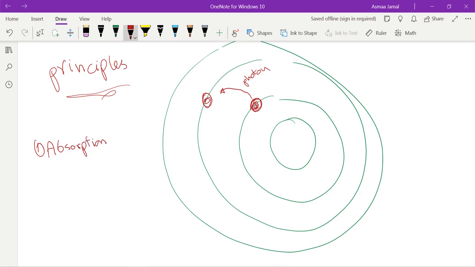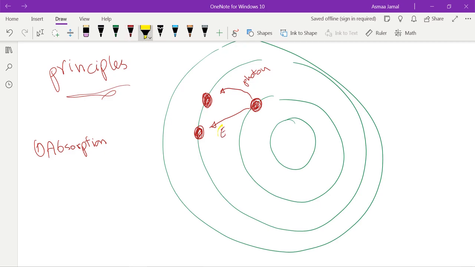Electrons in the ground state are called lower energy electrons or ground state electrons, whereas electrons in the excited state, which means they already absorbed energy to jump to a higher level, are called higher energy electrons or excited electrons. Those electrons cannot jump here unless they have the right amount of energy.